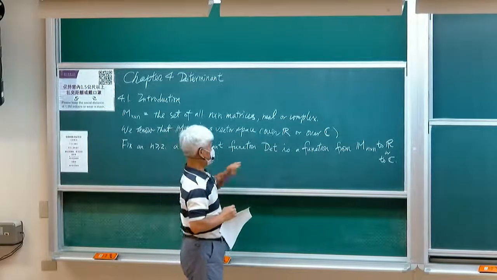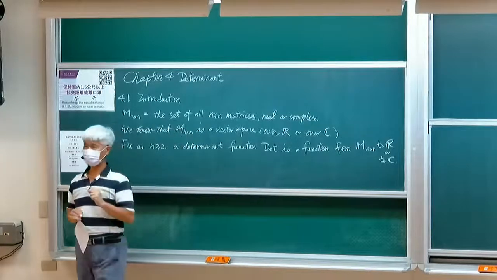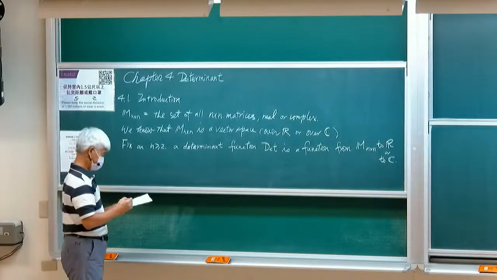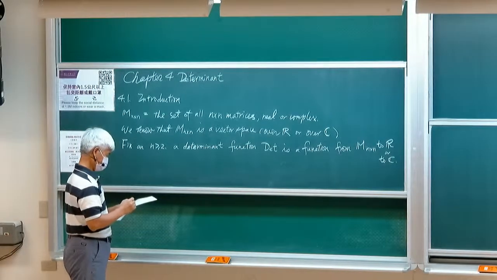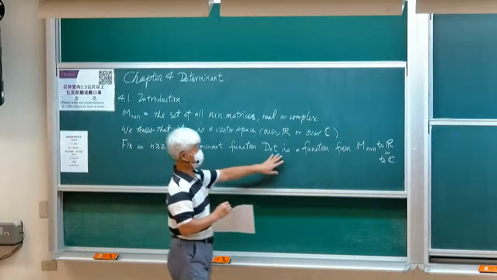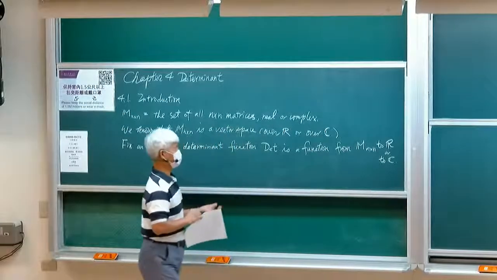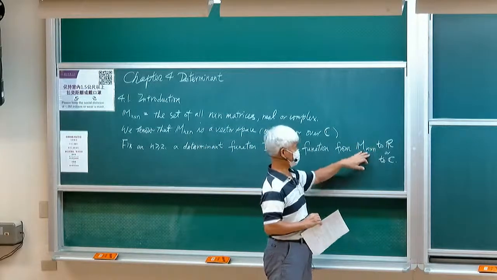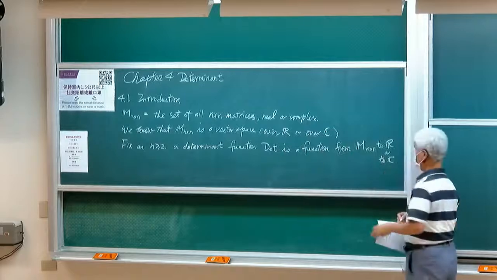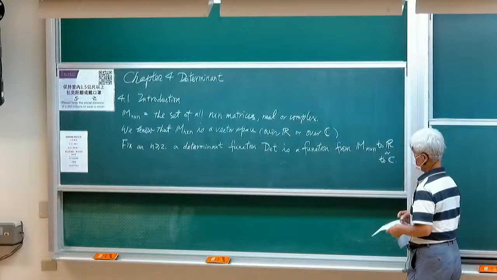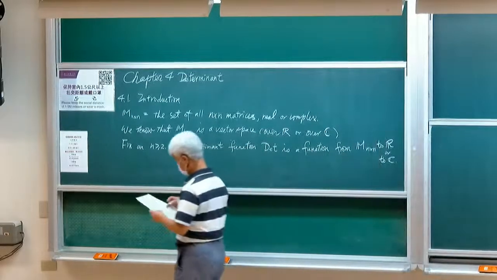So det is just a notation for a determinant function. But what kind of function from the vector space of all n times n matrices to the set of all real numbers, or the set of all complex numbers?